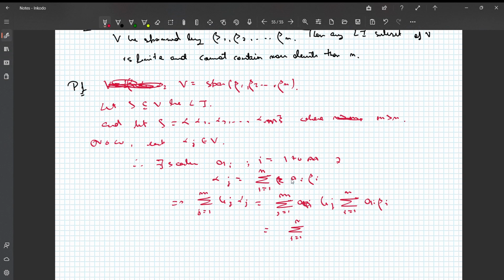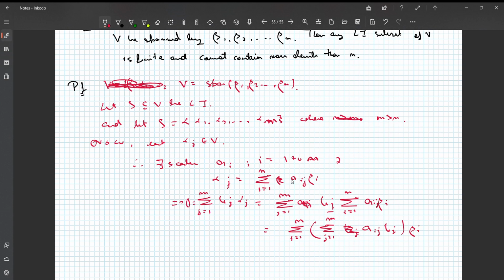So we can write it as the summation i equals 1 to m times the summation j equals 1 to n of b_j. This scalar must be of the form a_ij, because it depends on the index j and the index i. So we can write it as the summation over i equal to 1 to m, summation over j equal to 1 to n, a_ij b_j, and outside you have beta i.